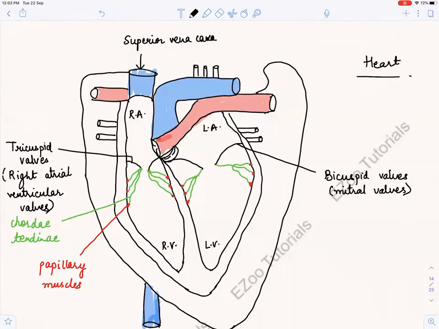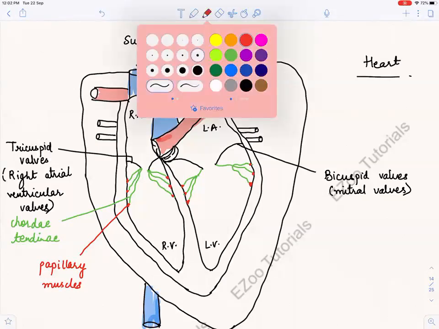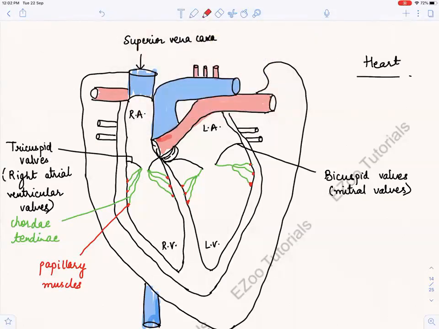Now, what are these three things that I have drawn? First I should do it in red. Now let us see what this is. This is the left subclavian artery, very important.